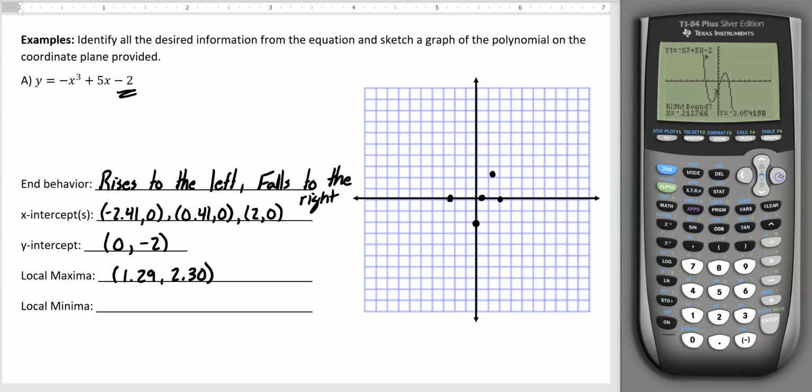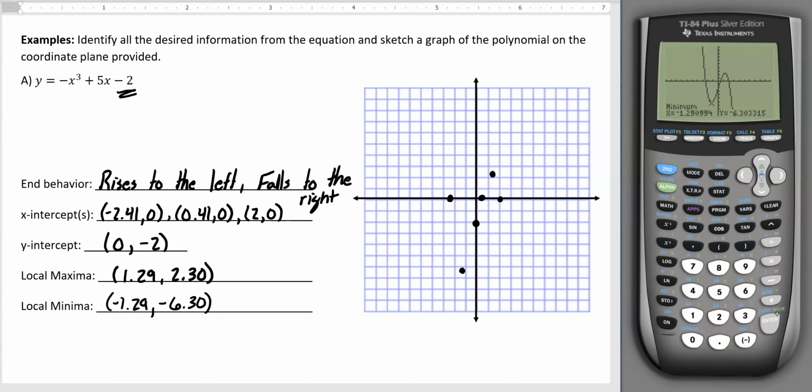I'll go a little slower here. There we go. Press enter. Negative 1.29. And then negative 6.30. So negative 1.29, negative 6, 1, 2, 3, 4, 5, 6. Then a bit more.